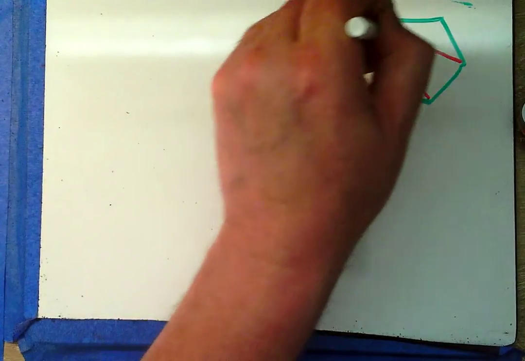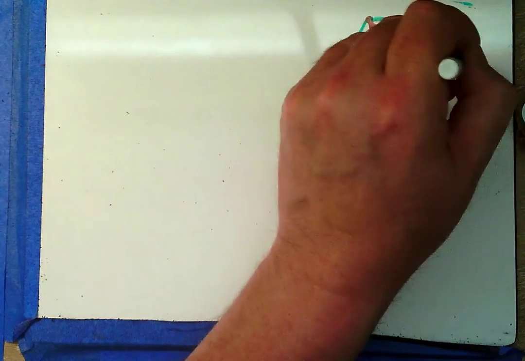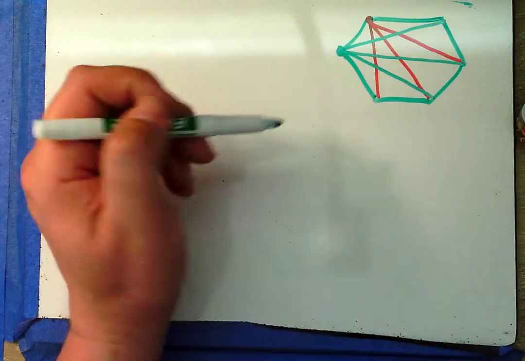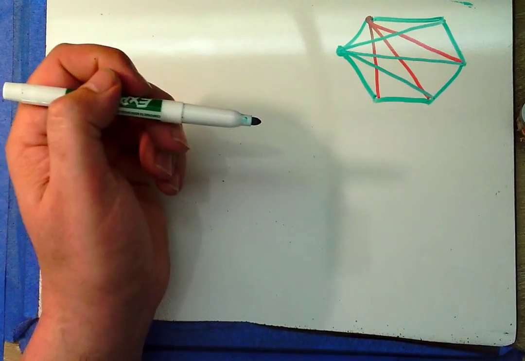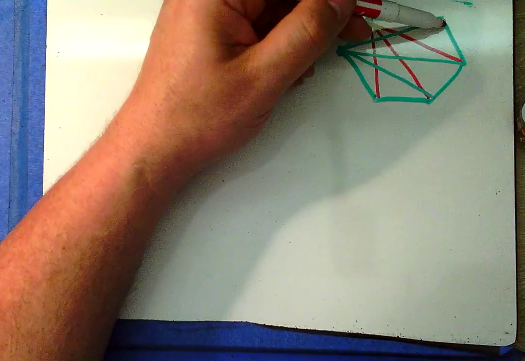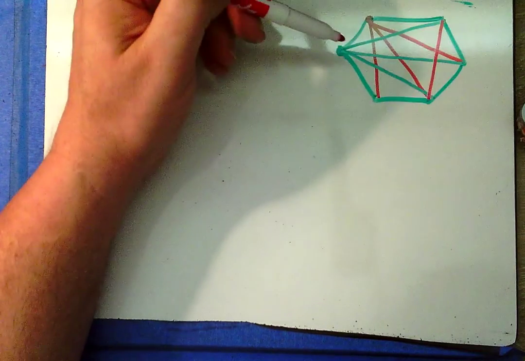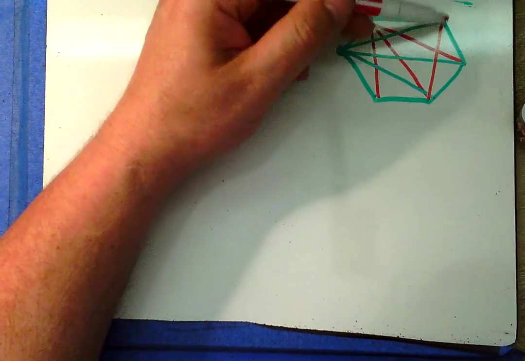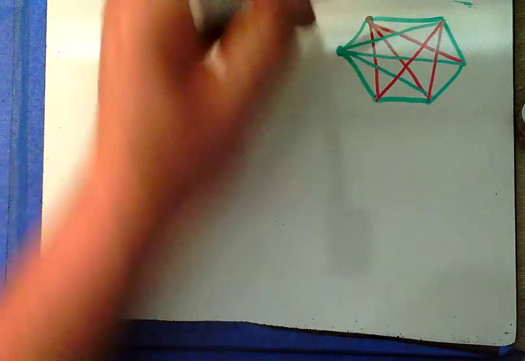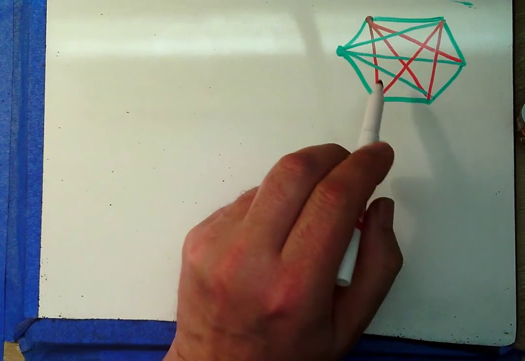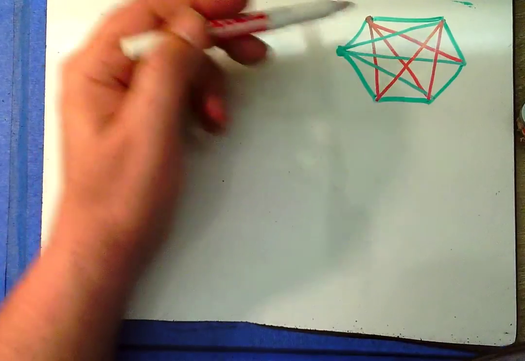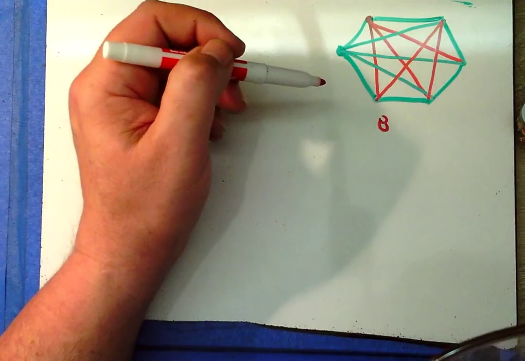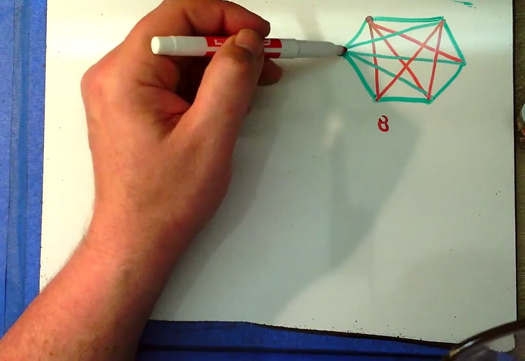From this vertex, we have 1, 2, 3 more. And I would expect 3 from each of these vertices. However, some of them are going to be duplicates. I should start counting. I've got 6, 7, 8. This one already exists. And so do I have 8, but I need 3 at each vertex. 1, 2.